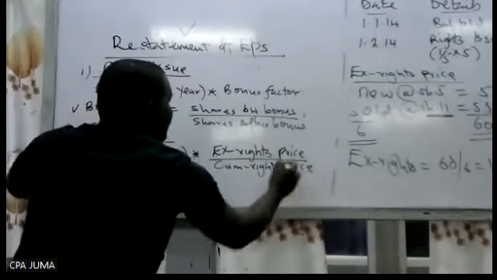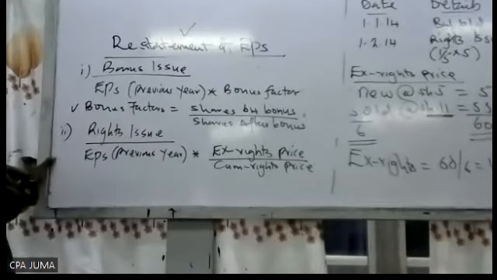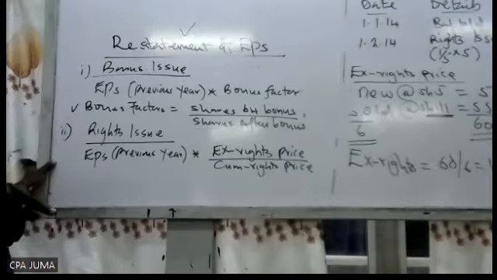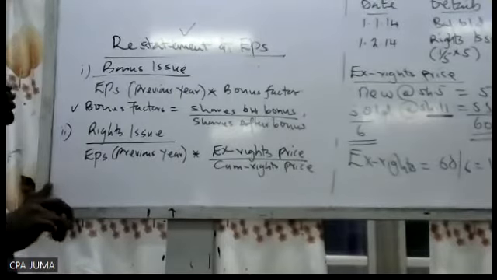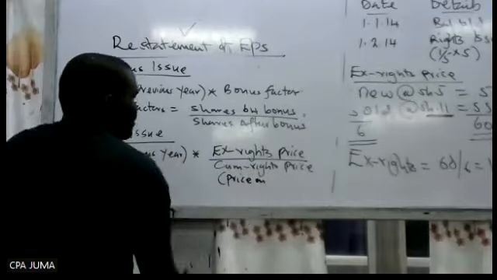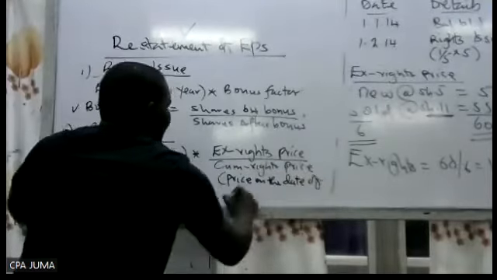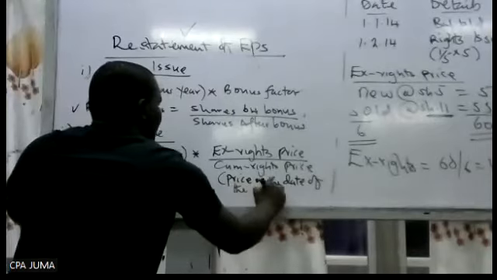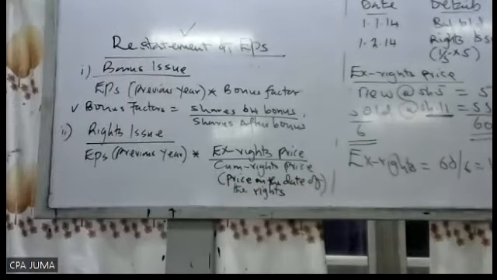CUM rights is the price on the date when the rights were given. You want to compare with the last quotation. When we say last quotation, it is the price just before the rights issue, the price on the date of the rights issue. So it's always a fraction.